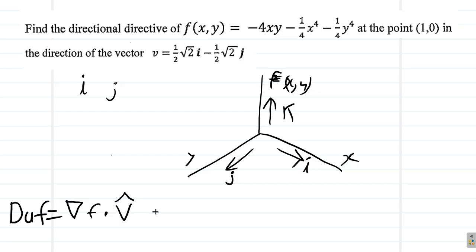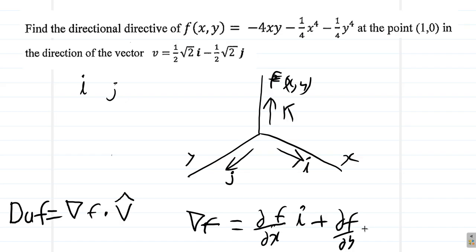Now, here, the gradient of f is going to be the derivative of the function with respect to x in the x direction, i, plus the derivative of the function with respect to y in the direction of y, which is j.